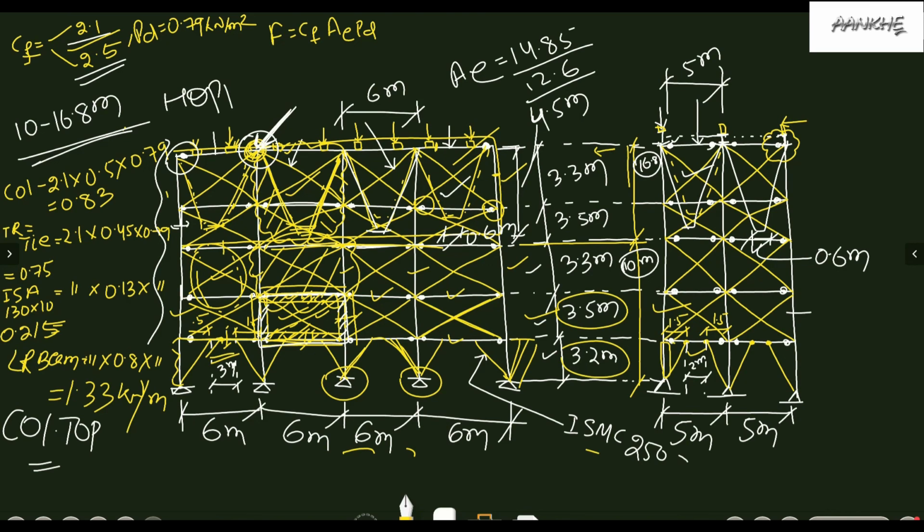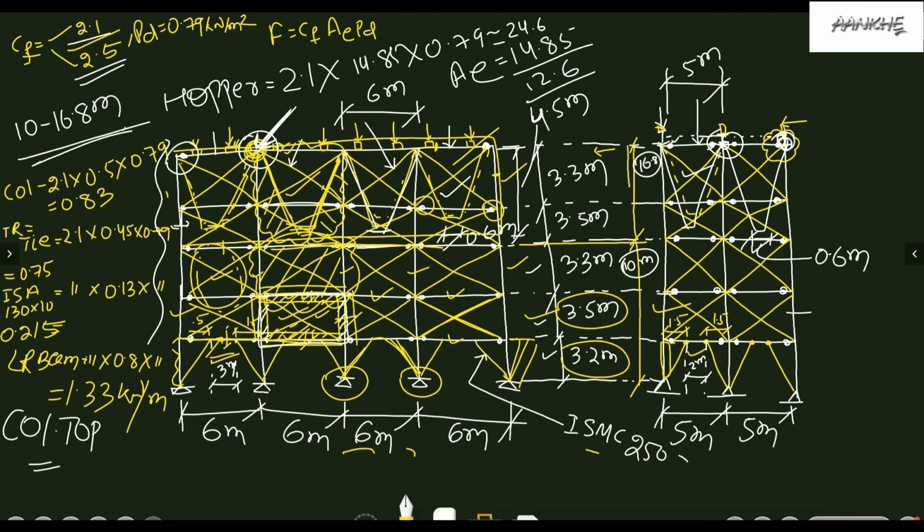Suppose I take one hopper load, it will be coming around 2.1 into your area is 14.85, and your PD will be how much? 0.79. It comes around 24.6. Okay, and that 24.6, a hopper is suspended from 4 columns, from here, here.